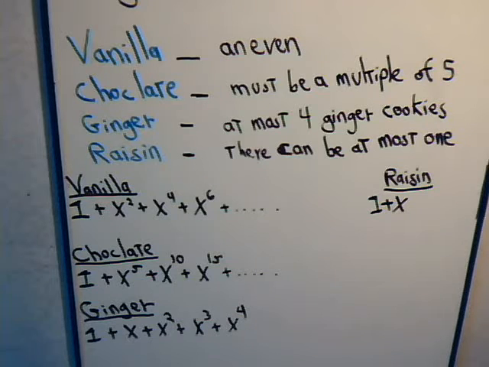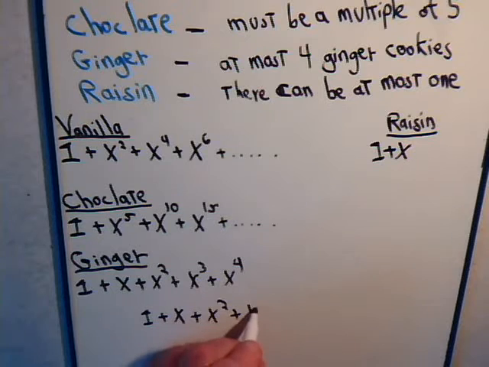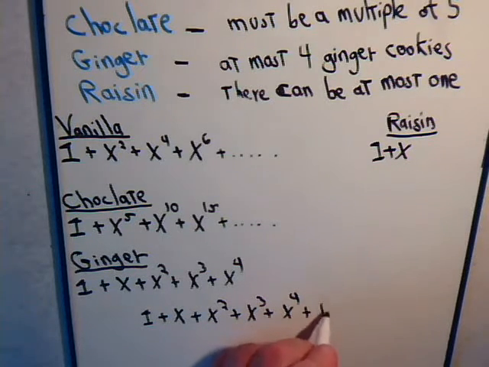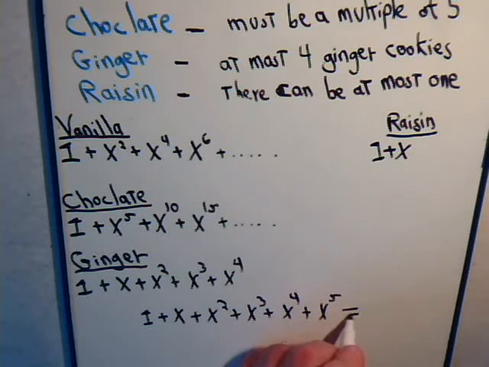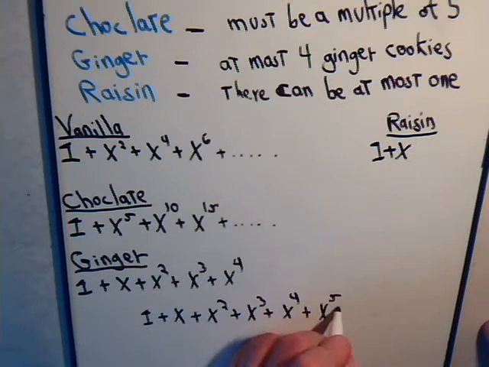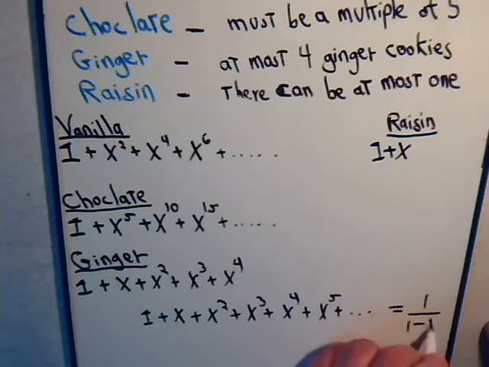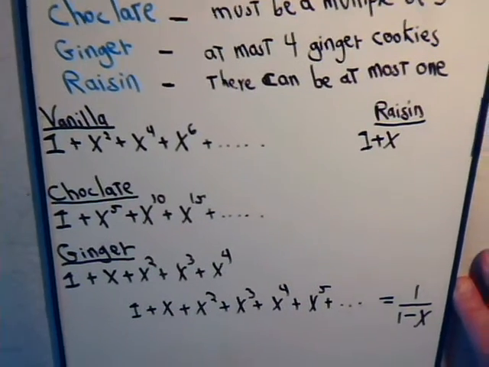So, first of all, let's recall from the earlier videos that 1 plus x plus x squared, like this, and so forth, where this does continue on out to infinity, equals 1 over 1 minus x.